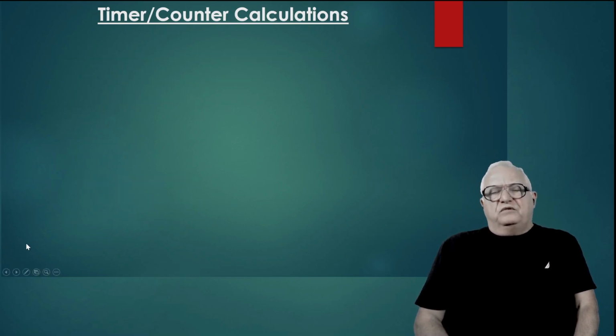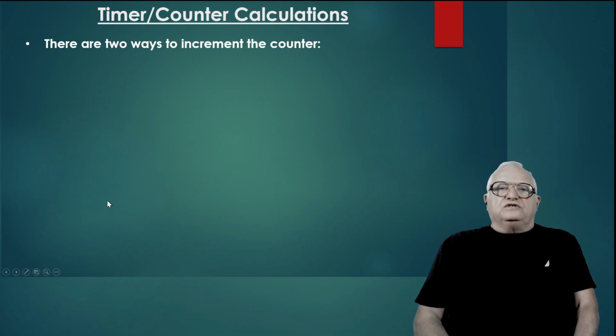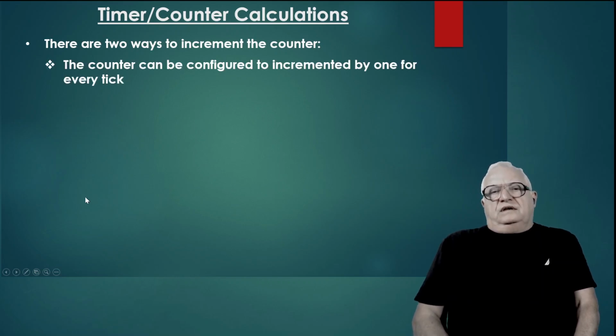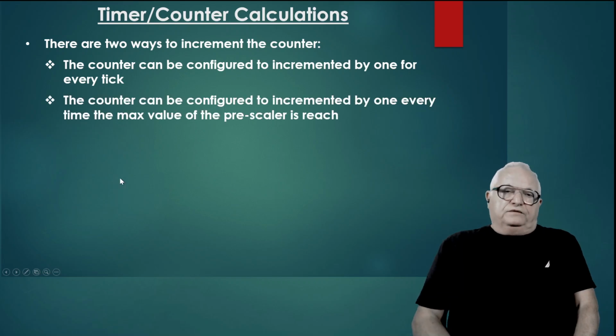So let's look at some of the calculations, and that's going to give us a better idea of what I'm talking about. There are two ways to increment the counter. The counter can be configured to increment by 1 for every tick. Every tick that goes, you increment the timer by 1.